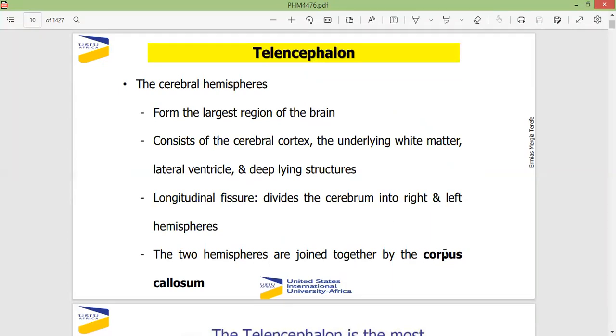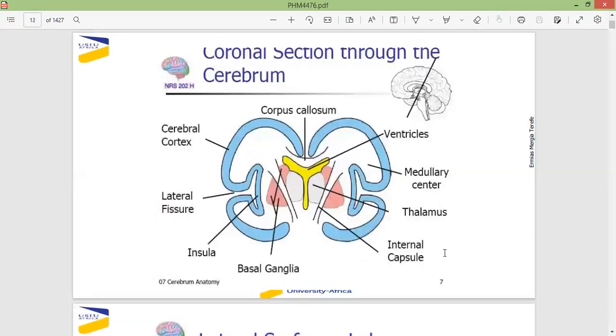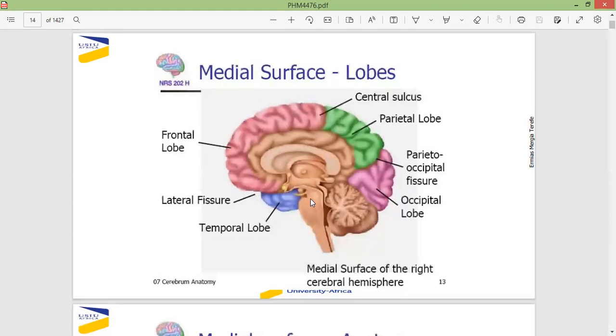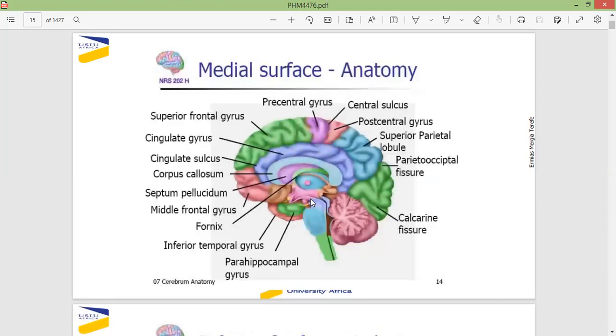We've already talked about the corpus callosum, the one that will connect the two hemispheres. Then the lobes, Shafi has already mentioned the frontal, the parietal, the occipital, and the temporal lobe. She's mentioned the functions of the various lobes, so we're not going to repeat those functions.